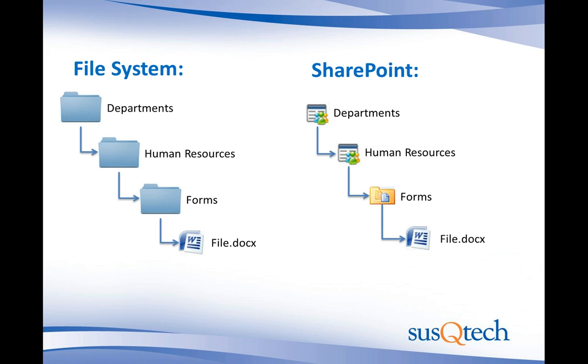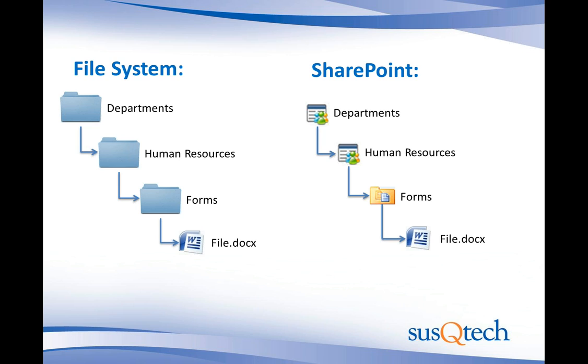So kind of to do a comparison, in a file structure that you would use in an older way, you would organize these things based upon folders. So I'd have the department folder, then I would go to human resources folder, then I'd go to the forms folder, and that's where I would find my individual document. In SharePoint, the way you would organize that is you would have a department site, for instance, human resources.